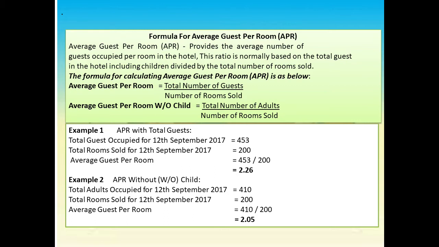For example number 2, APR without child. The total adults occupied for the 12th of September 2017 are 410. The total rooms sold for the 12th of September 2017 are 200. The average guest per room is equal to 410 over 200, and the answer is 2.05.